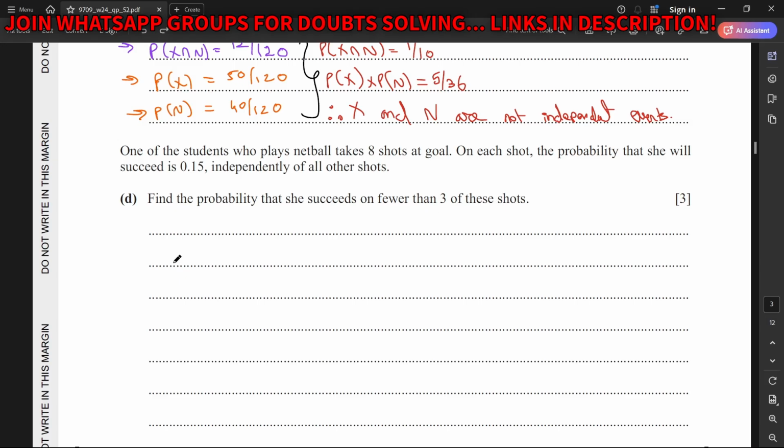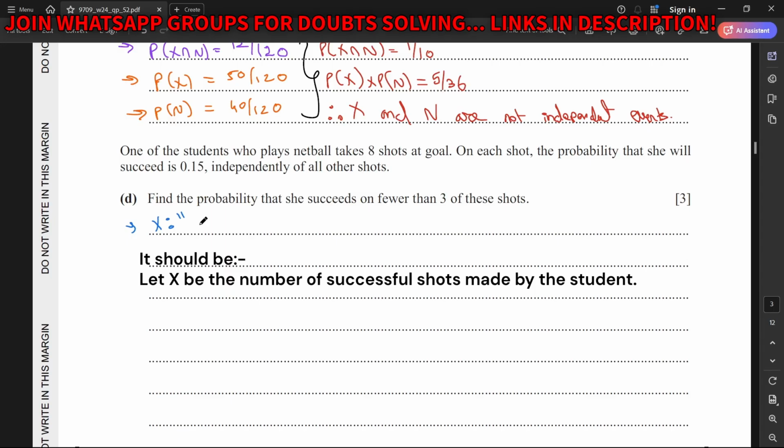So based on this, let's say for example, let x be that discrete random variable, which is the shots taken at the goal by the student.